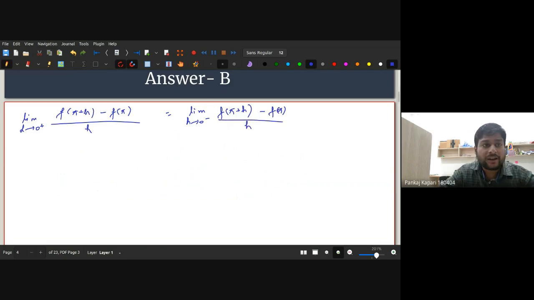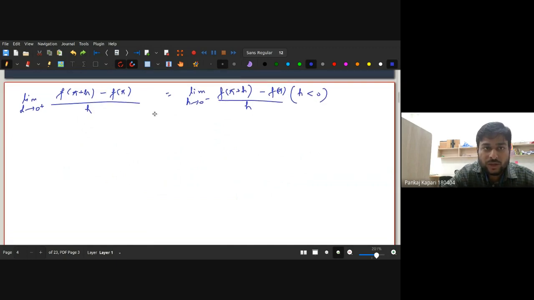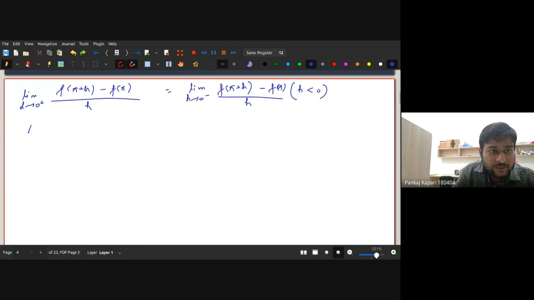And instead of taking h to be positive, in this case h is negative, so we can make it positive by taking h equal to minus k. Let us find out this limit explicitly.